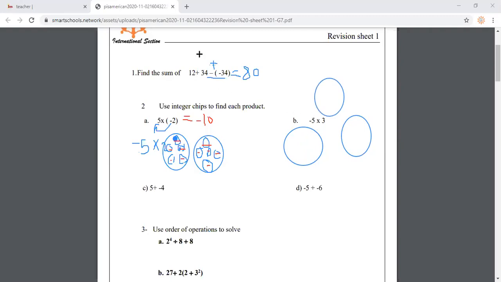In each one, we are going to fill it with how many? 5. -5. 1, 2, 3, 4, 5, right? And in this one, I'm sorry because they are not the same, because I'm drawing by hand. So this is 1, 2, 3, 4, 5, and this one too. 1, 2, 3, 4, 5.